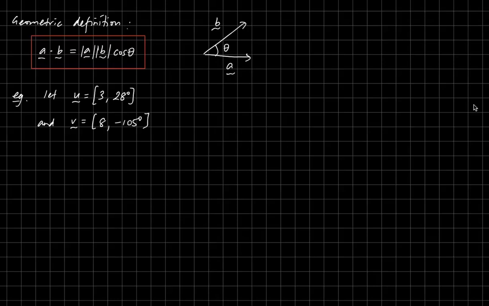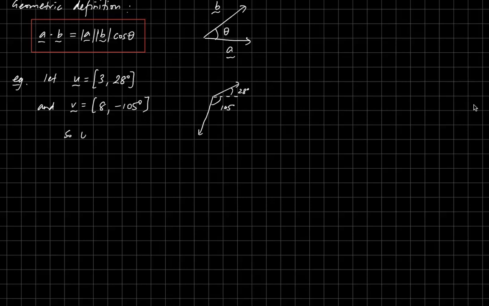We're given the magnitudes of u and v, so the only thing we need to consider carefully is the angle between them. It might be helpful to quickly sketch it and say, well, one's at positive 28, so that's 28 degrees from the positive horizontal. The other one's negative 105, so it's kind of down in that direction there. So it's 105 degrees down that way.